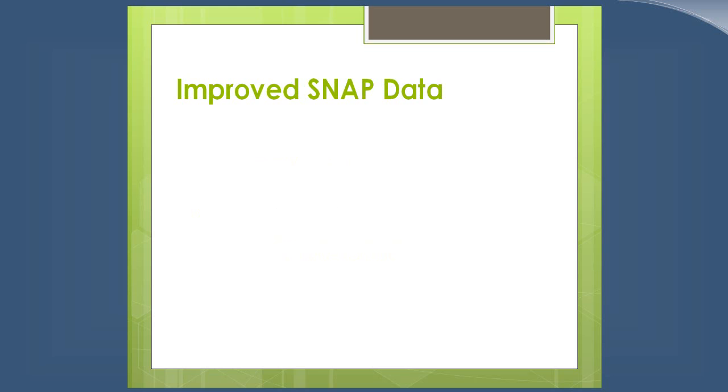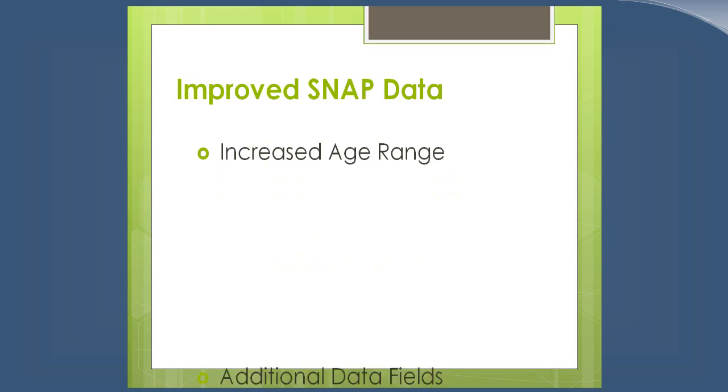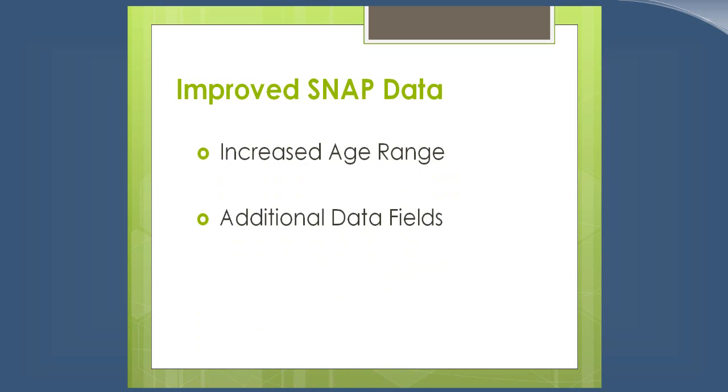Next, we talk about improved SNAP data. One of the very simple things that you can do is look at your age range. We have been to places in which they're receiving SNAP records in a 5 to 17 age range. Well, what we know is that there are probably kids in your school that are less than 5 years old, or that are older than 17 years old.